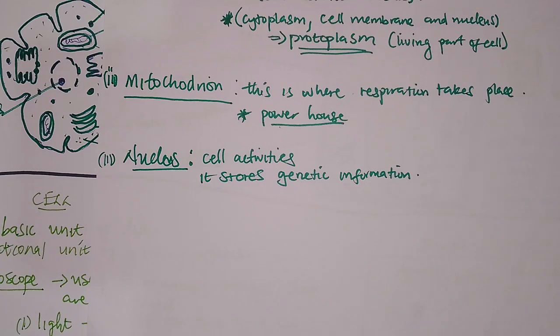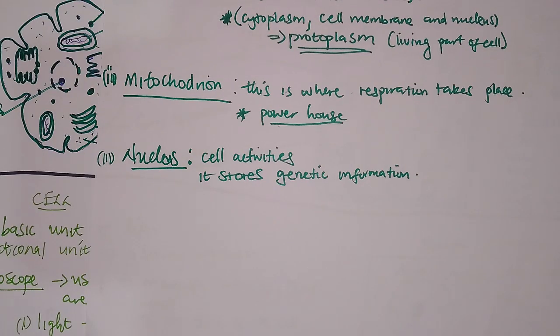So you need to be rewatching the video. So the next structure we are going to discuss is the chlorophyll. So we are discussing the simple structures of an animal cell and a plant cell.